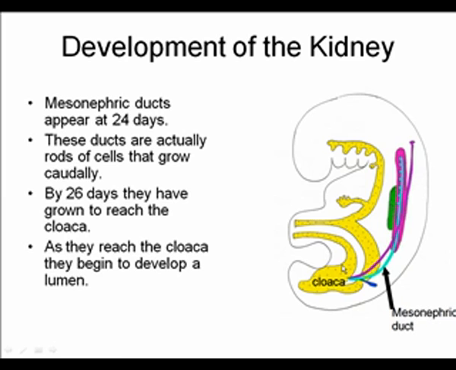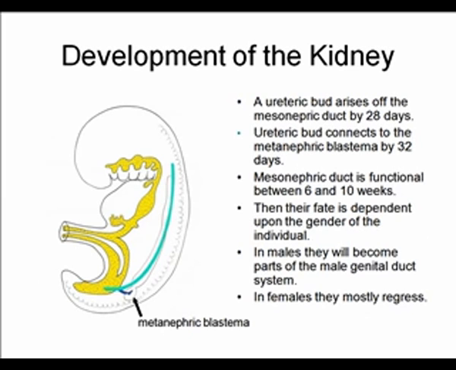As it reaches the cloaca, the mesonephric duct is going to develop a lumen and will be functional for a short period of time. At about the end of the 4th week, a short bud appears. It appears at about 28 days, and it is the ureteric bud.